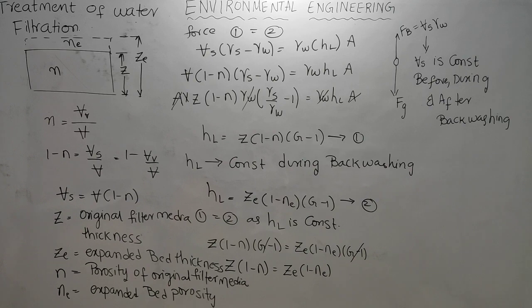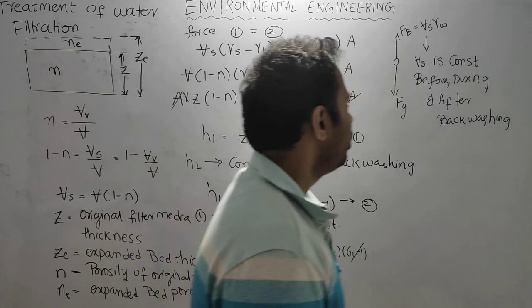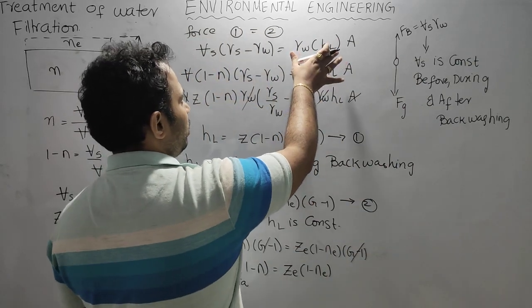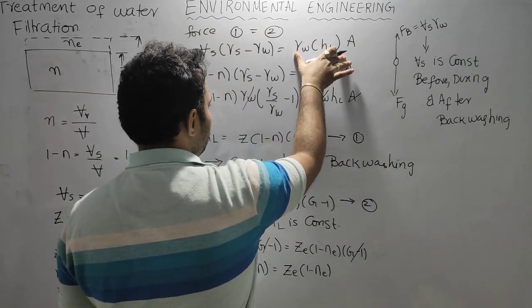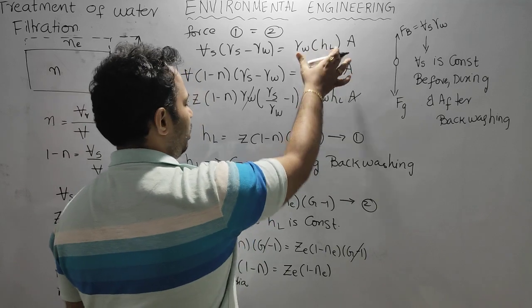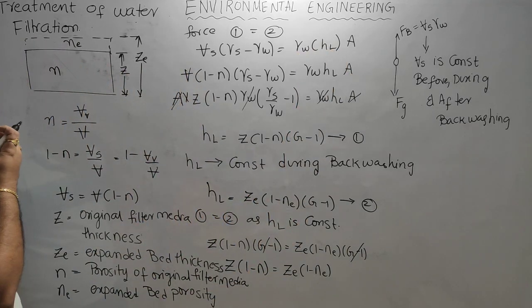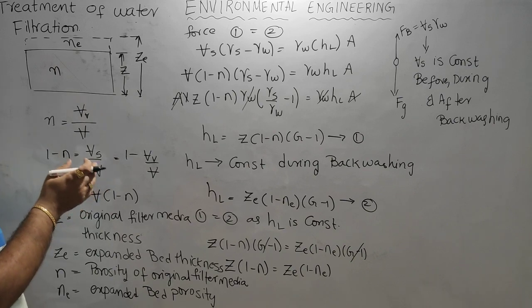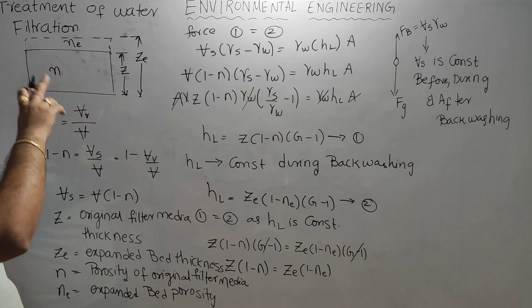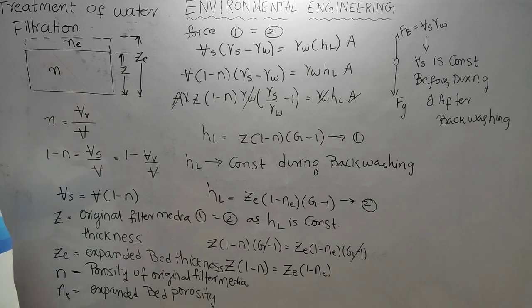Okay, so from this what can we find? What should be the pressure? That first thing we will know on the particle, and the second thing is what would be the expanded bed thickness, because I told you that the expanded bed thickness should not surpass 50% of the depth Z. It should not surpass, otherwise what happens?